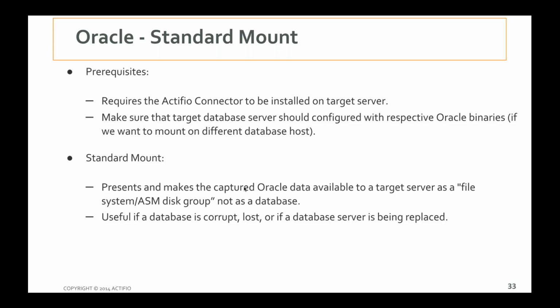For example, if your target host is running on a file system and your source is running on ASM, you cannot use that ASM backup image to create this standard mount on the file system side. You can do the standard mount, but you cannot directly utilize it. You have to catalog, maybe switch copies, and do some operations. But if the source and target host are on the same versions, or the same kind of capture method like ASM or file system, it is very easy to manage.